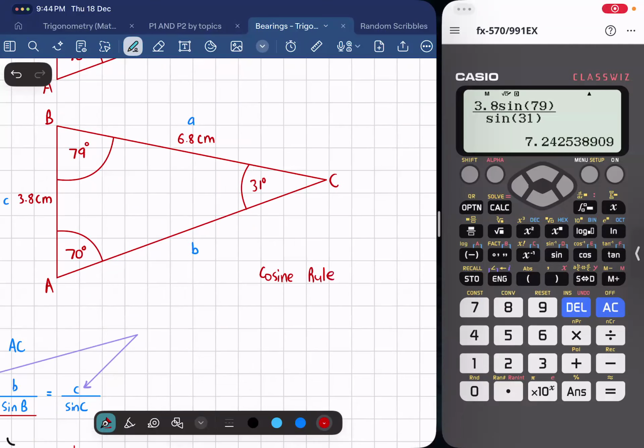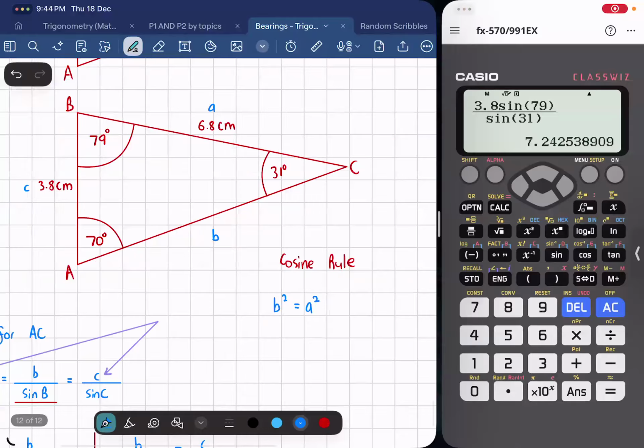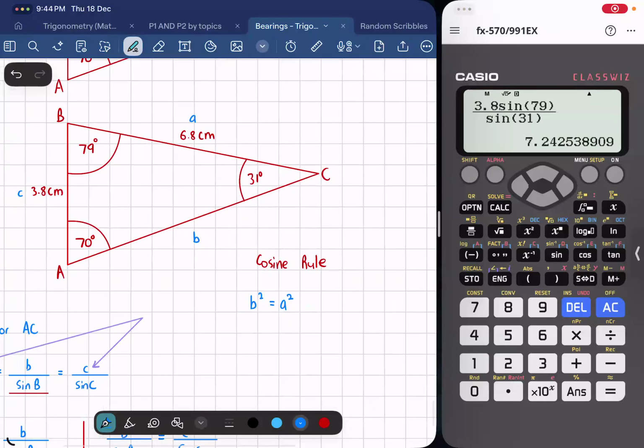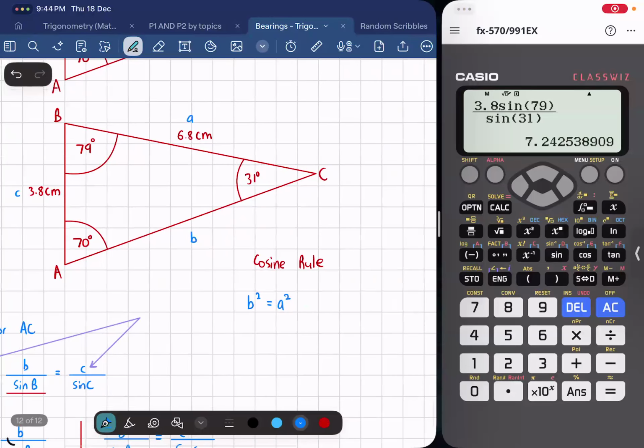If we're trying to find B, it will be B squared equals A squared. I want somebody else in class to continue it. See if you can continue the cosine rule.